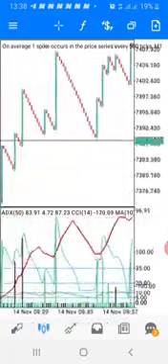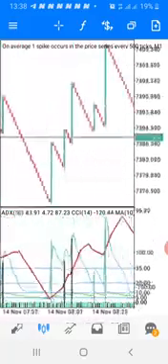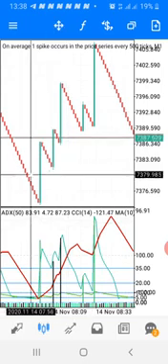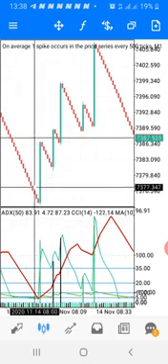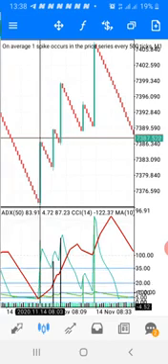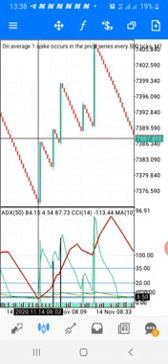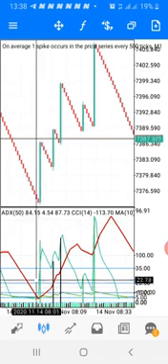So let's check other examples for Boom 500. You see, at the oversold level, this time we are using oversold for Boom 500. Look at it. It crossed below, right? It crossed below from here, and look at the buy. You see, cross below, look at the buy.